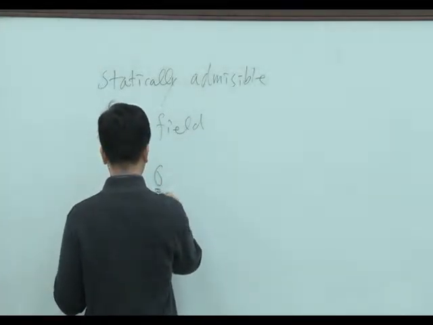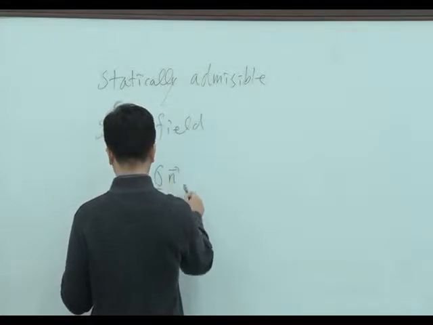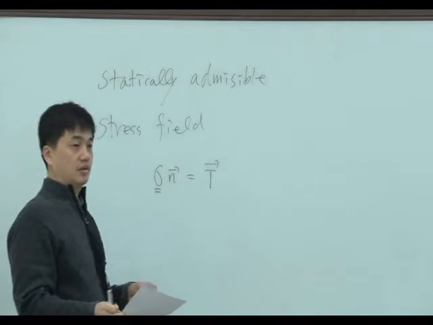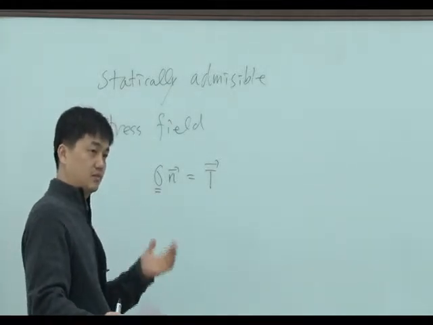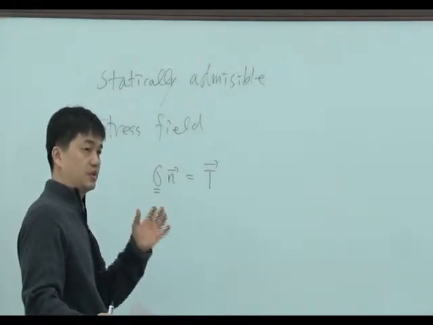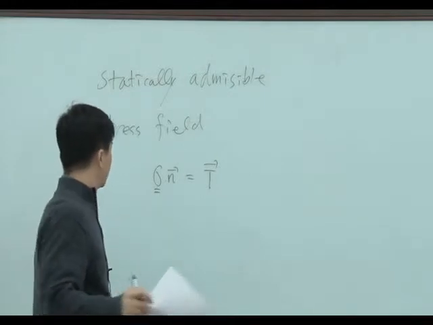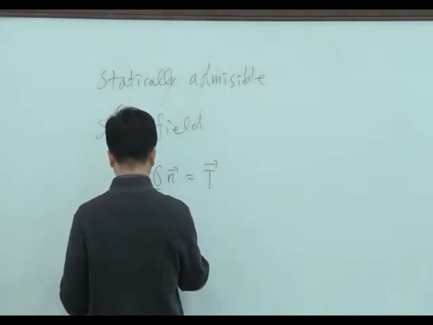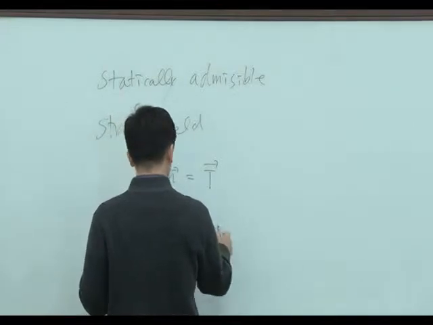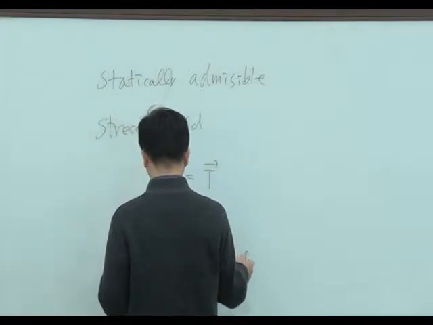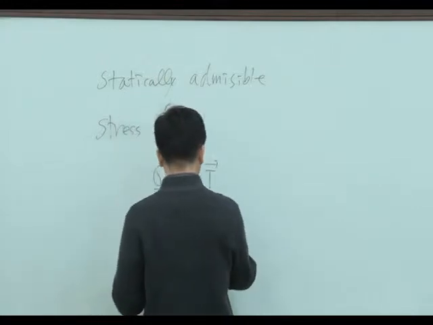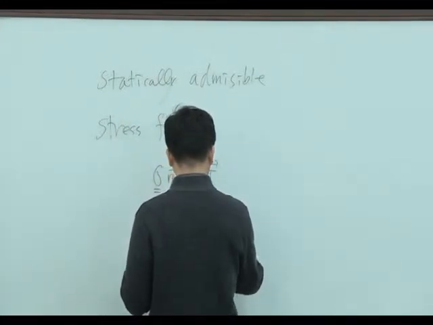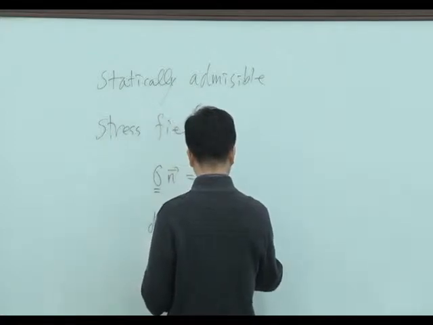So, first one, inside of the body or on the surface of the body, this condition should be satisfied. Divergence of the stress plus the body force F equals 0.